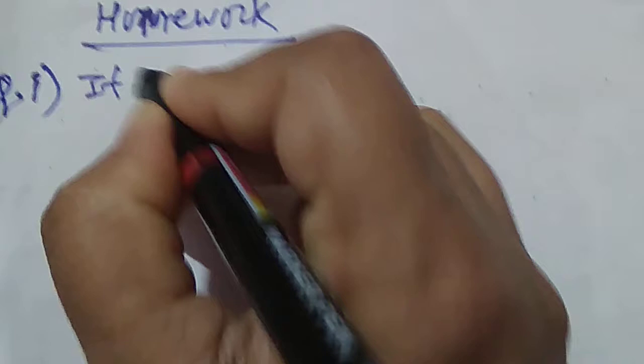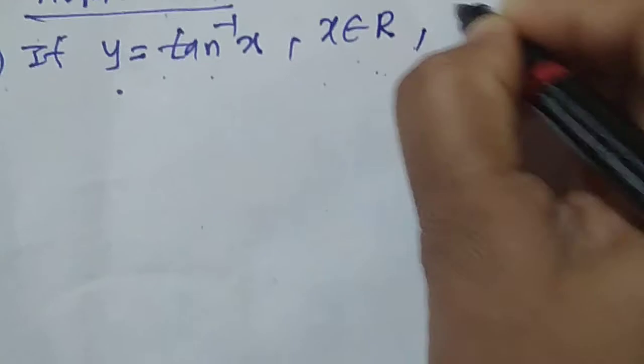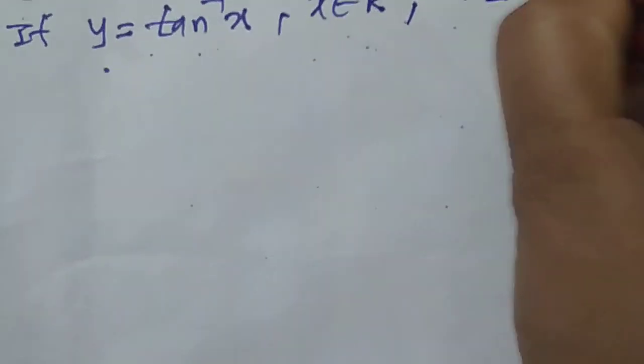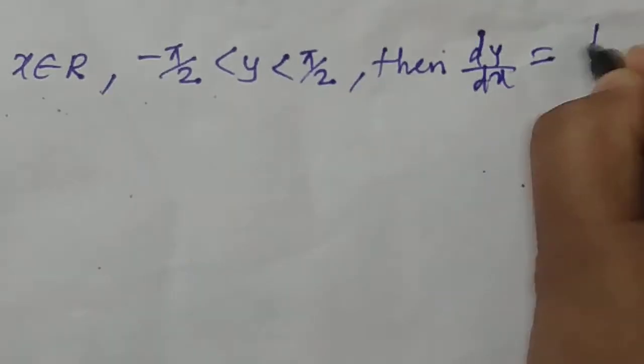Question number 1, if y is equal to tan inverse of x, where x belongs to R, minus pi by 2 less than y less than pi by 2, then dy by dx is equal to 1 upon 1 plus x square. Similarly, you have to solve number 2.